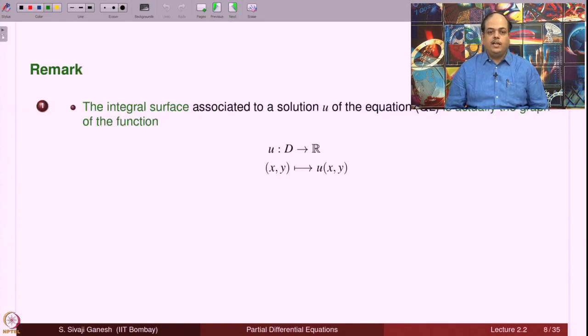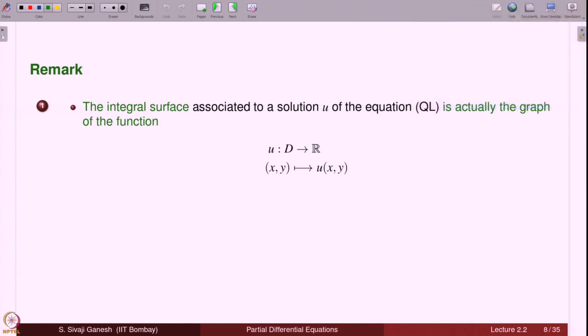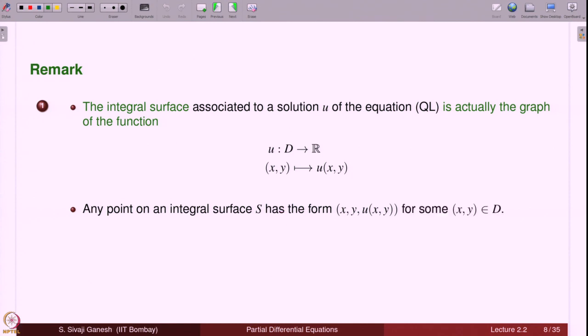The integral surface associated to a solution of the quasi-linear equation is actually the graph of the function. We are saying the set of all x y z such that z equal to u x y just means the third coordinate is a function of the first two coordinates, which means it is the graph of the function u, and any point on the integral surface looks like x y u x y for some x y in D. Therefore, this map, x y going to x y u x y, is 1-1; a graph is always 1-1.